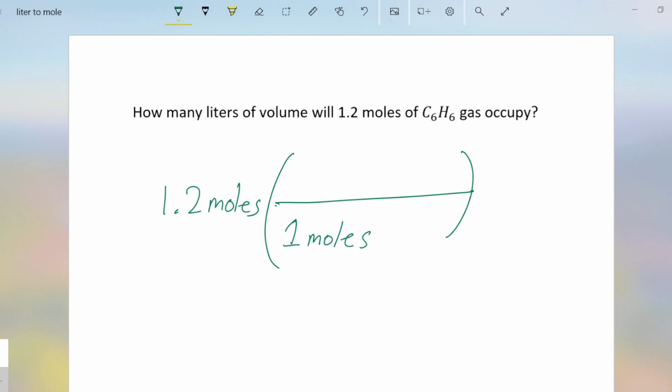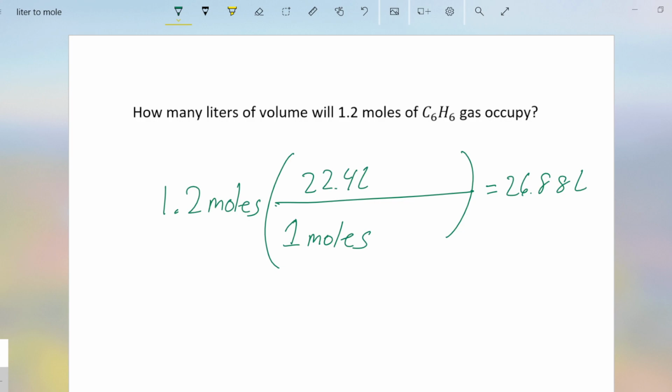We don't need it anymore. So my 1 mole goes below, and my 22.4 liters goes above. So all I have to do is plug this number into a calculator, that 1.2 times 22.4, and I get a total of 26.88. So 26.88 liters is 1.2 moles of C6H6 gas.